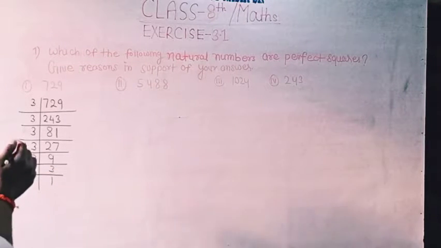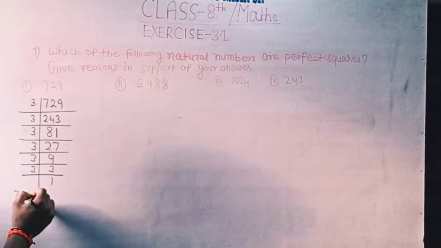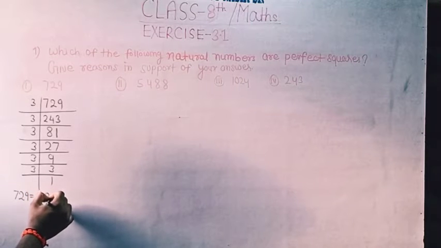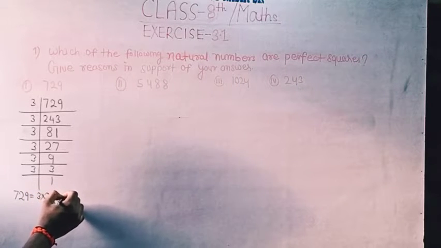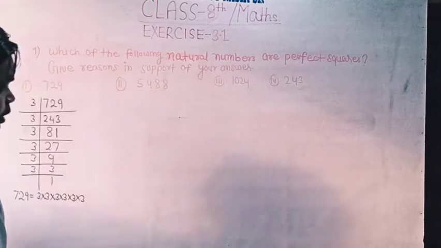So 729 is written as the product of 3 into 3 into 3 into 3 into 3 into 3.